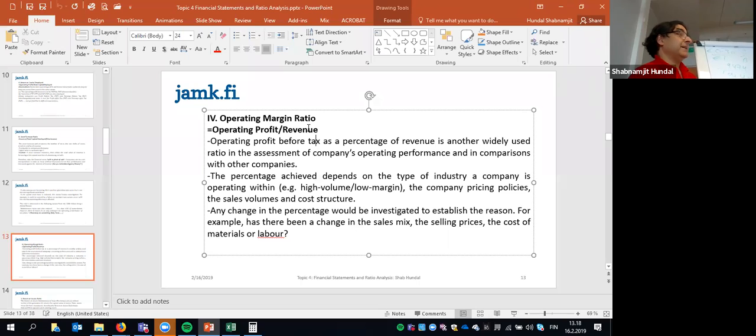You get my point? It means that the 60% is not because of operations, but for some financing or other advantages which the company has. All right. Higher the ratio, better it is.